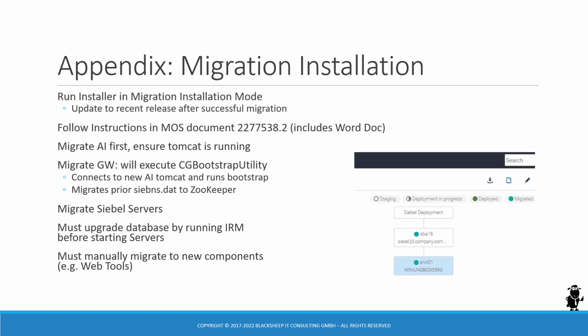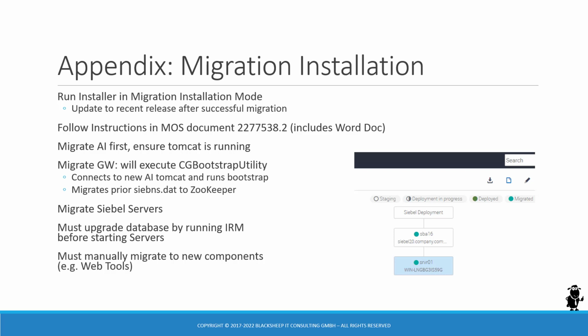The first machine where you run the migrate installation of the new software contains the Siebel 16 or earlier web server extension. So it's the prior to IP17 web server. You run the migrate installation on top of the existing old Siebel software, and as a result you will have a Tomcat running, which will represent the future external Tomcat.